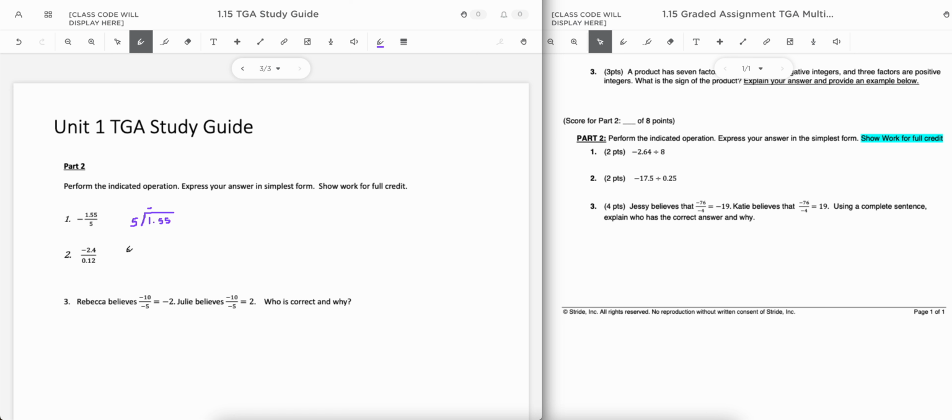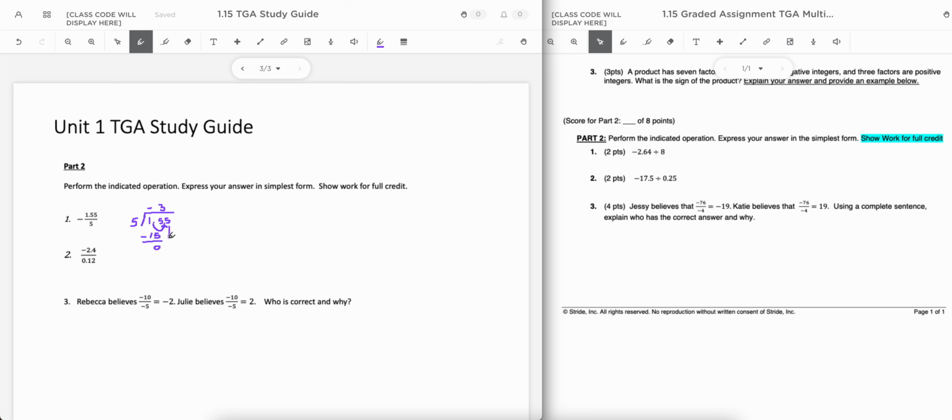Okay? So 5 cannot go into 1, so we need to move this decimal over. So now we have 15.5. And 5 can go into 15 3 times. And that would give you 15. Okay? Subtract those. 15 minus 15 is 0.